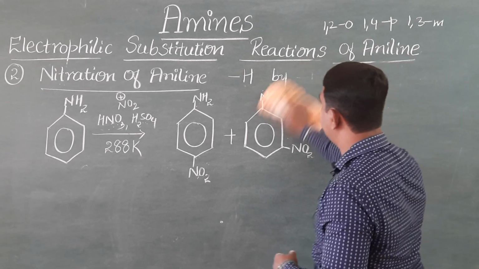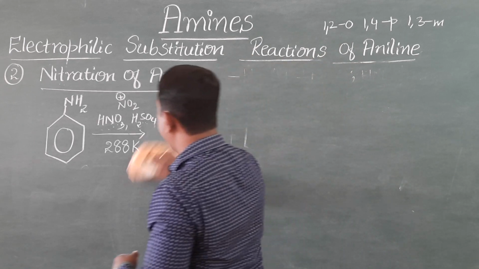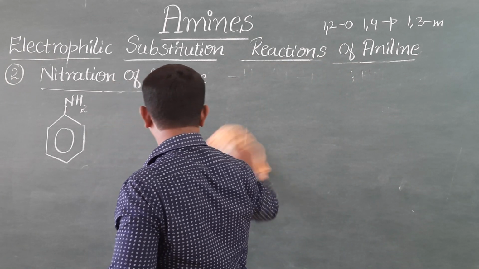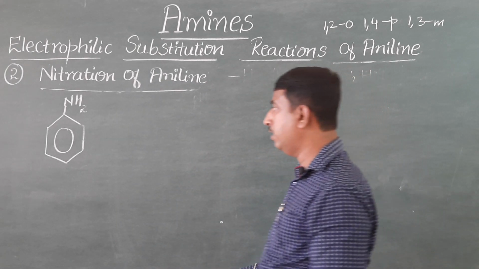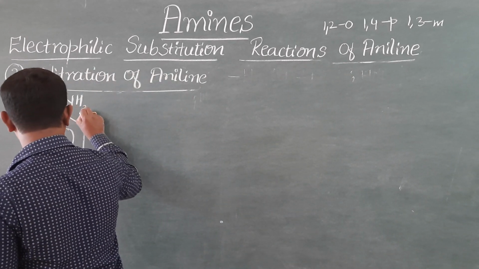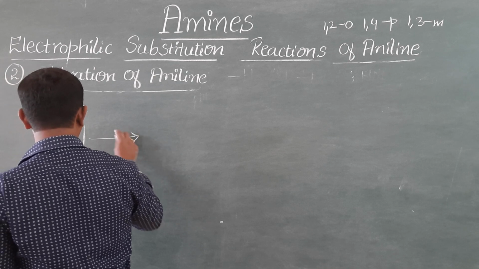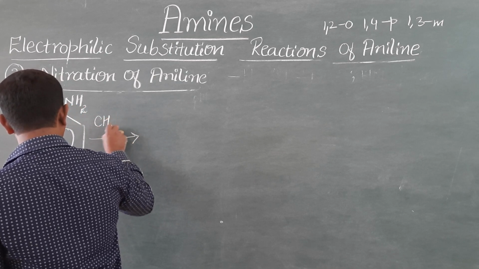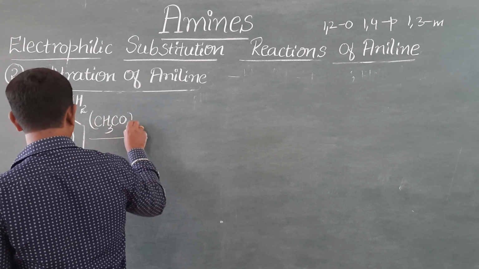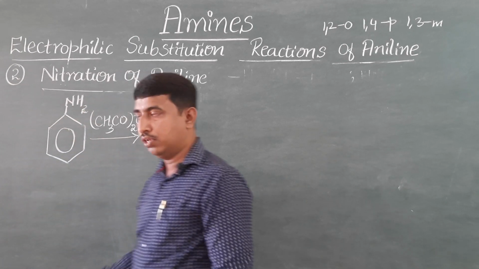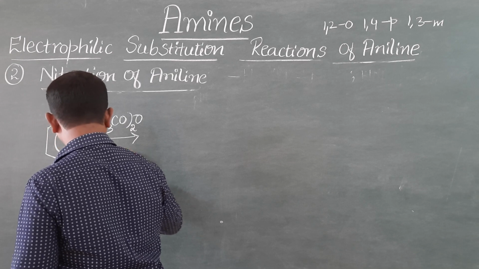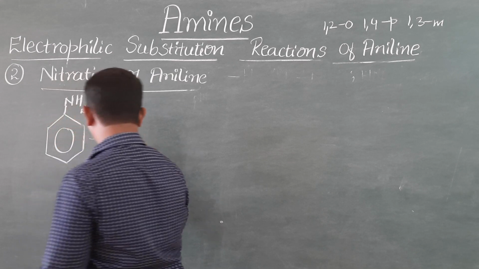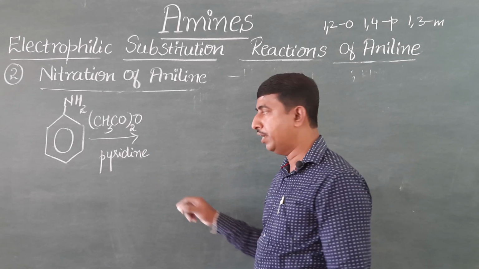Now, once again, in order to obtain a mono nitro derivative, this aniline is first subjected to acetylation, using acetic anhydride in the presence of pyridine.